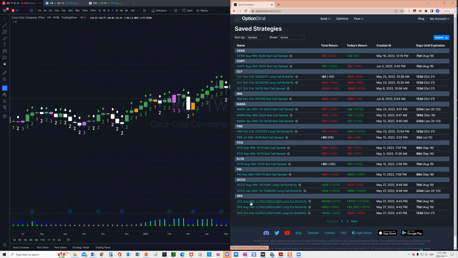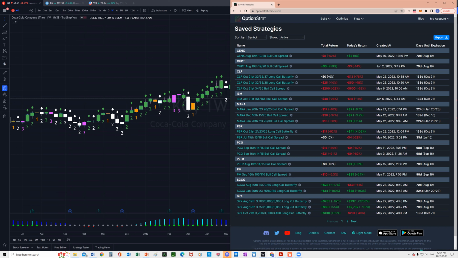So here's this SPX August 19th butterfly, put on a couple of weeks ago. That was the return on the day for one of these. Okay. Today's return, 2,730%. Now, if you had 10 or 100, you can do the math on that. Okay. Again, same thing here. Like if you would have put this on today, that's what your return would have been.